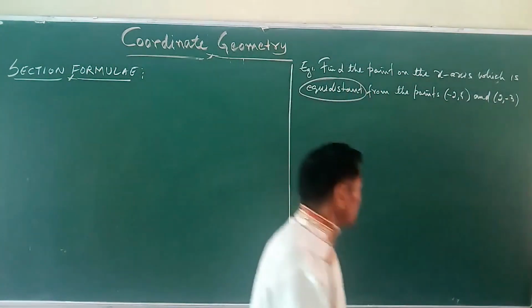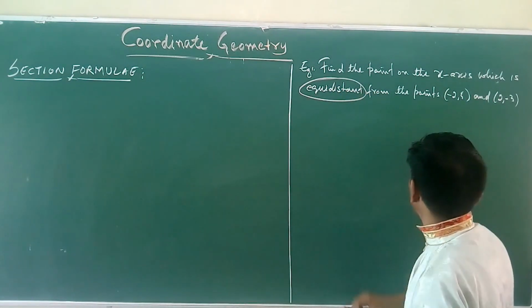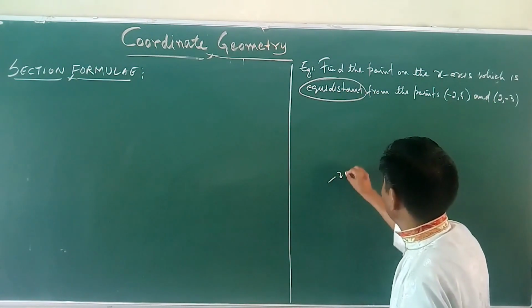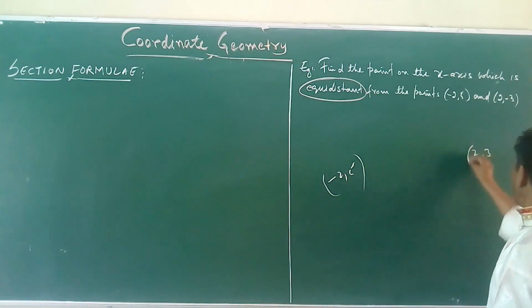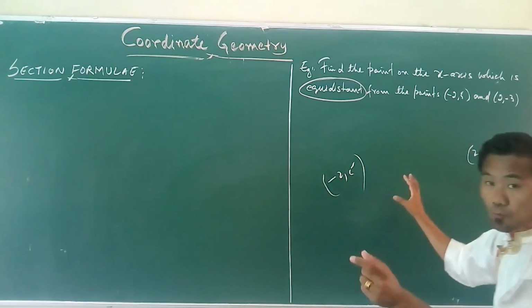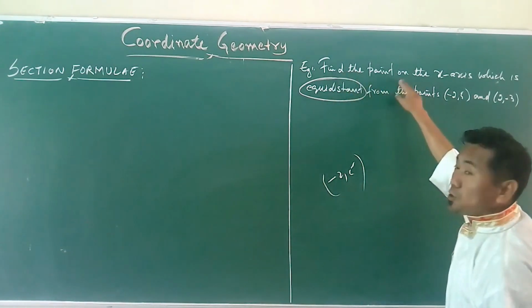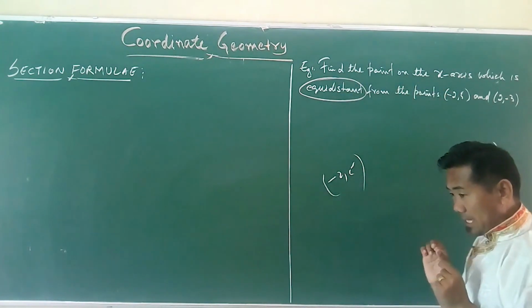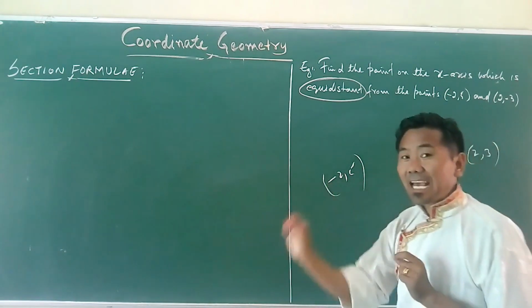For example, say we have 2 points: (-2, 5) and then (2, -3). Find the point on the x-axis.